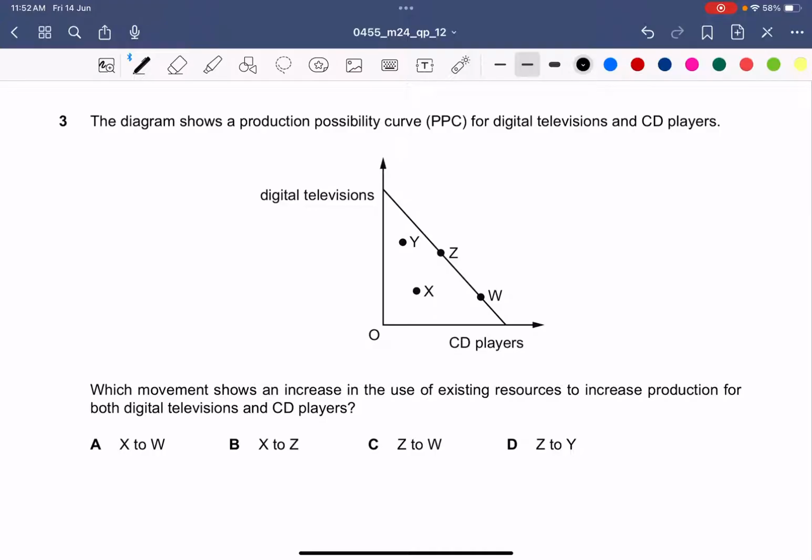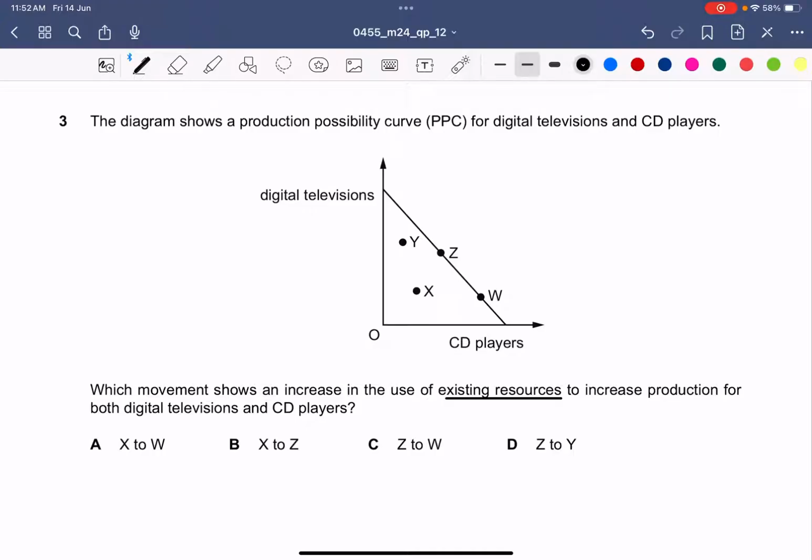The diagram shows a PPC curve for digital televisions and CD players. Which movement shows an increase in the use of existing resources to increase production for both digital televisions and CD players? So we know that there's no shifting inwards or outwards.